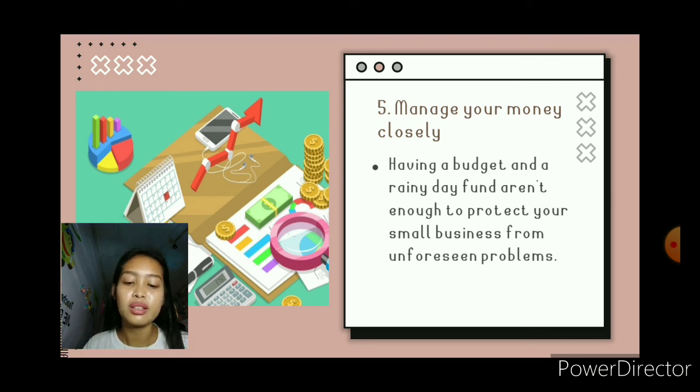Second, create prevention plans. You need to create your plans in order to prevent these risks from your business. Third, meet with a legal expert.